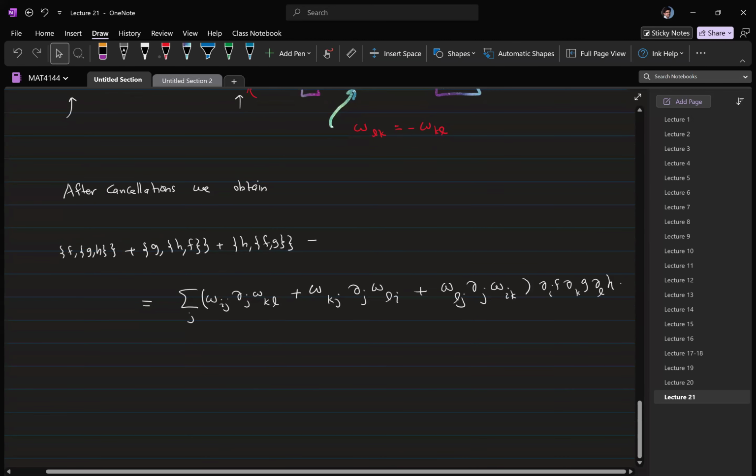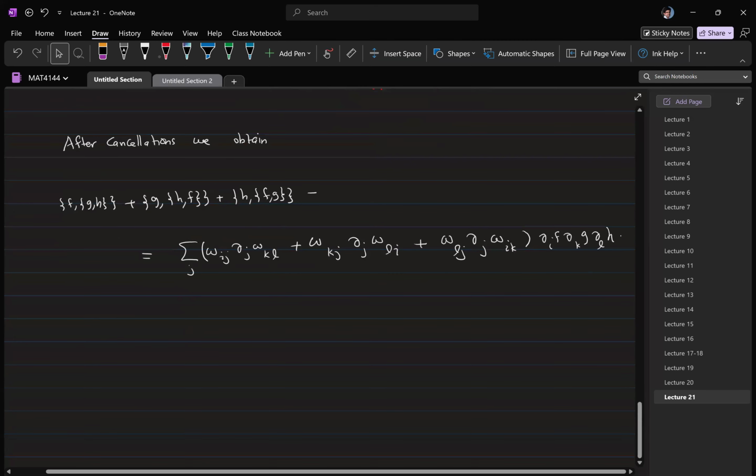But now the point is that, remember, the Wij's were linear. So what is the partial J of WKL alpha? This is partial J of this summation, which was sigma CKLI alpha XI.